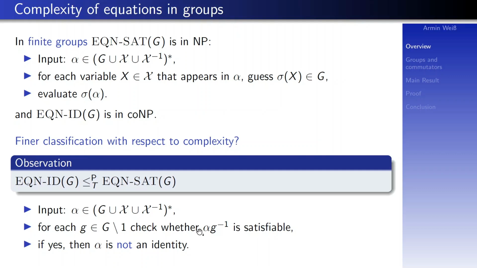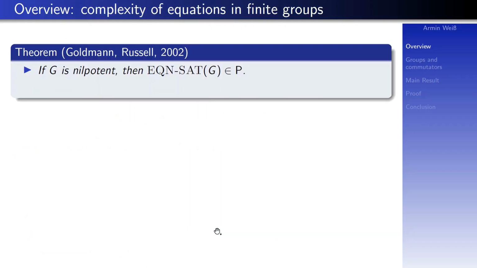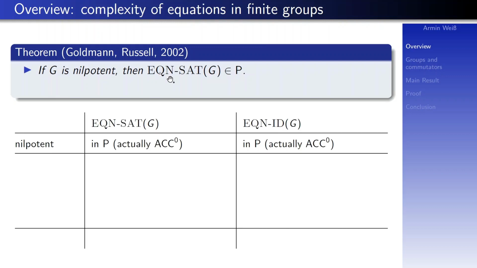Now let's go to the history of complexity results over finite groups. First, Goldmann and Russell showed in 2002 that if G is nilpotent, then equation satisfiability is in P. Because of the previous remark, this also applies to equation identity.